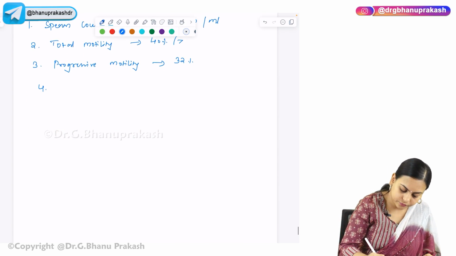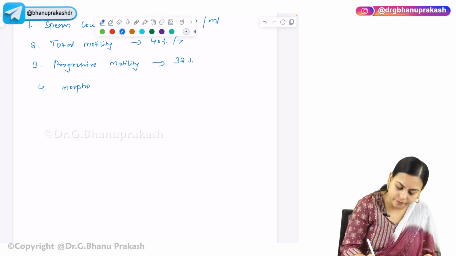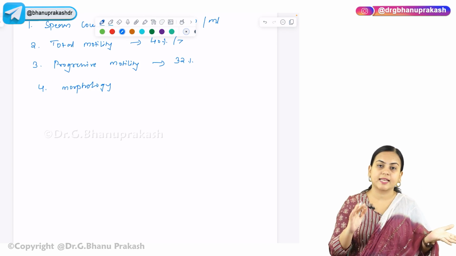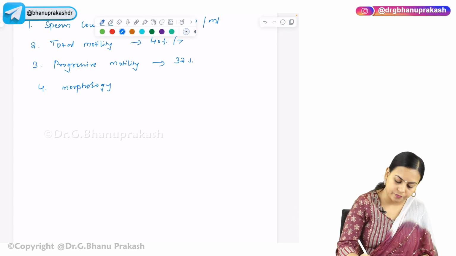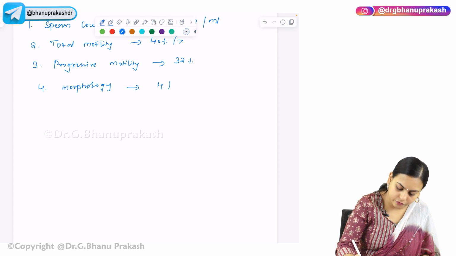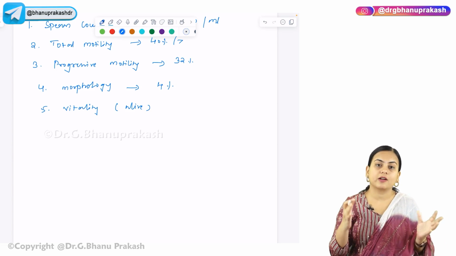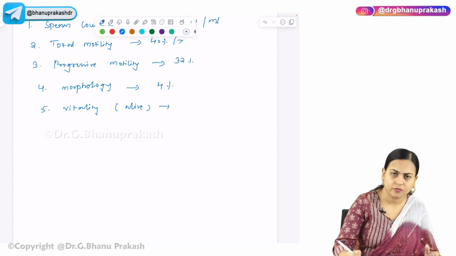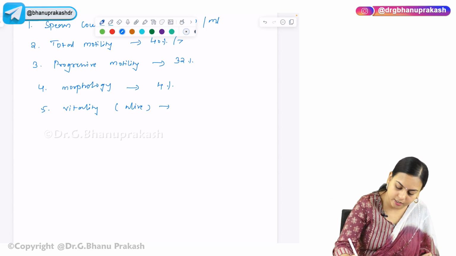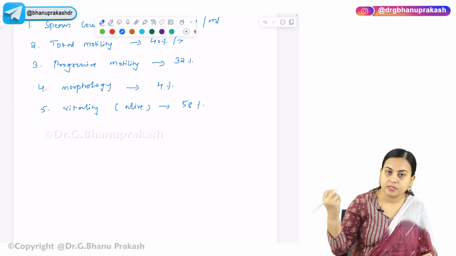And then morphology, how is the size and shape of the sperm, that should be 4% of the normal forms. And vitality, vitality means the proportion of sperms that are alive, so that is viability or vitality. So alive means it is 58% or more.